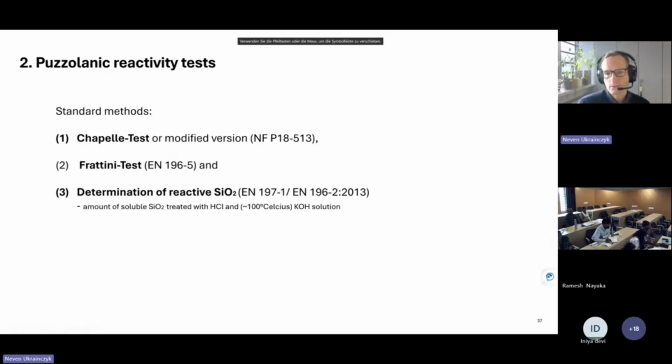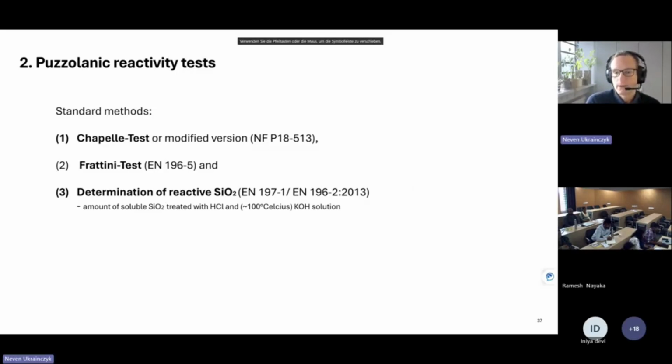So how to measure? Now I go a little bit to the methodology for the characterization techniques. So you have three main methods. It's the Chapelle test. This is the French norm. The Frattini test. This is the European norm. And you have the determination of the reactive silica.